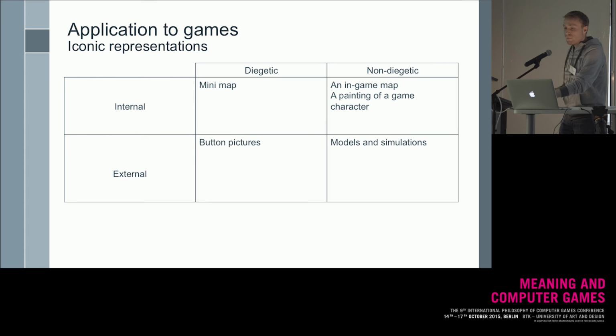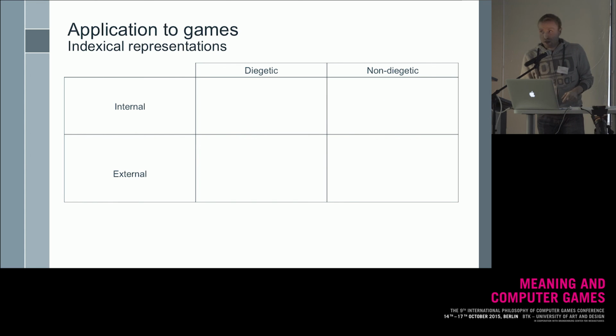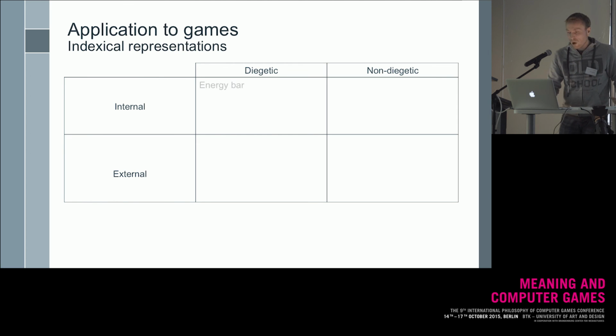So now let's go to indexical representations, which, as far as I know, is the most surprising category when it comes to video games. Many people asked me before I had this talk, what do I exactly mean when I say that some targets external to the game cause something in the game? Well, let's go through it.